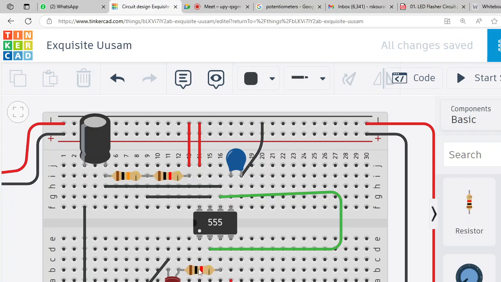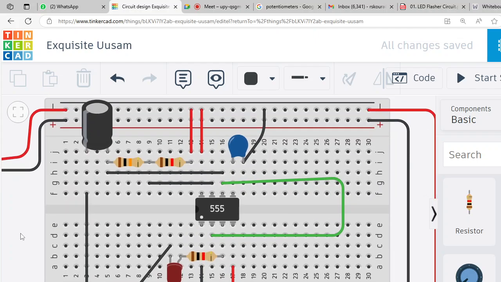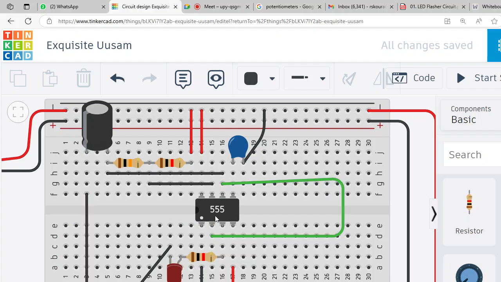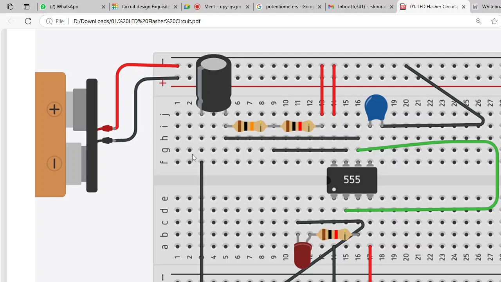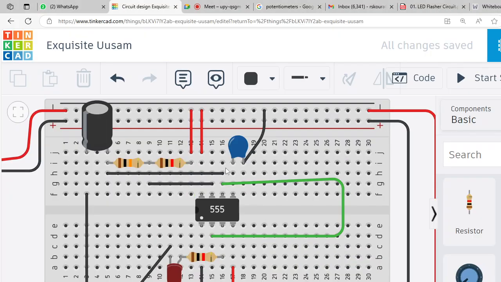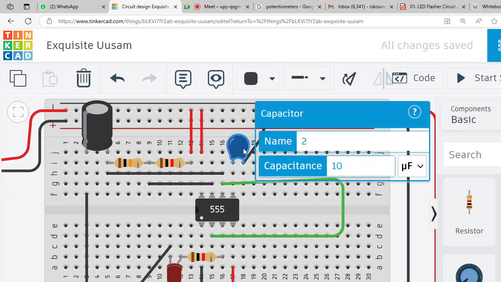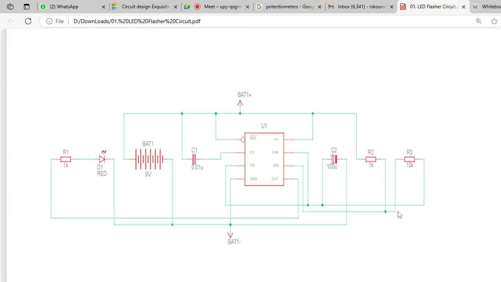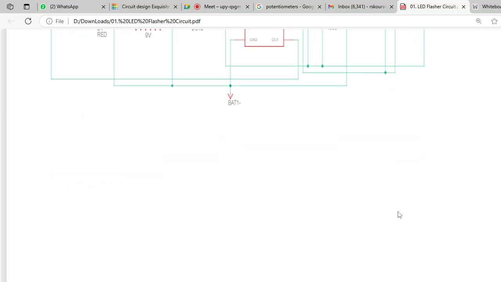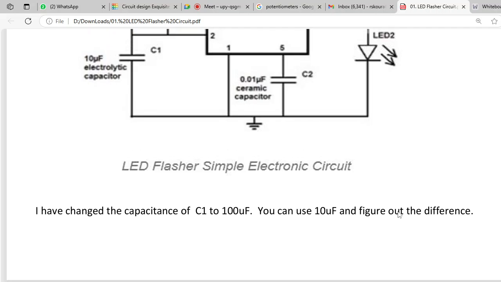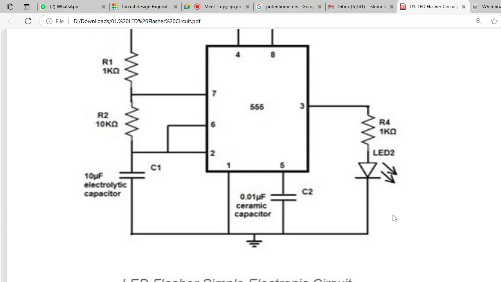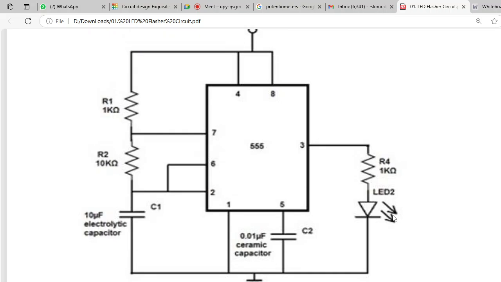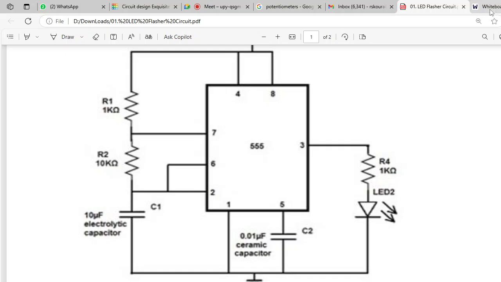Capacitor is fine. This was a 0.01 microfarad.